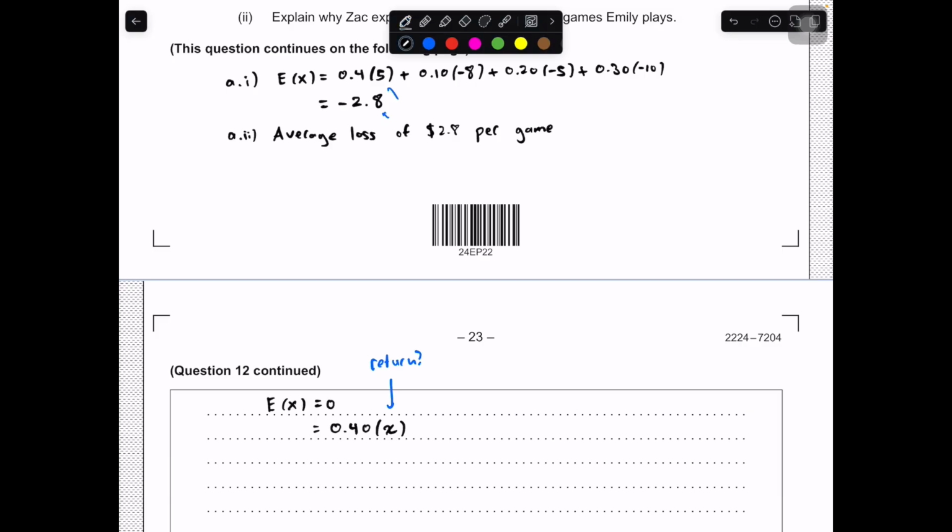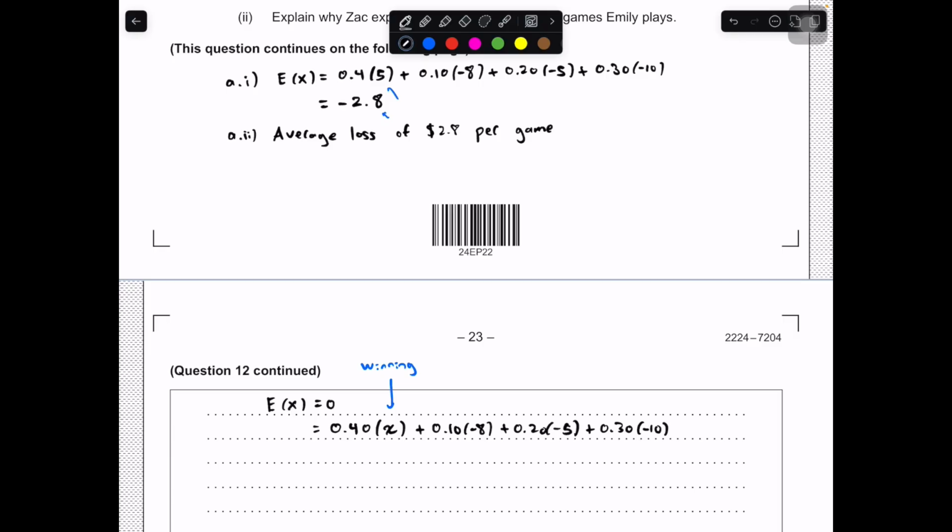Let me write that as winning, which is less ambiguous. What does the amount that we win have to be so that our expected value is equal to 0? So plus 0.10, this all stays the same. 0.20 times negative 5, plus 0.30 times negative 10.